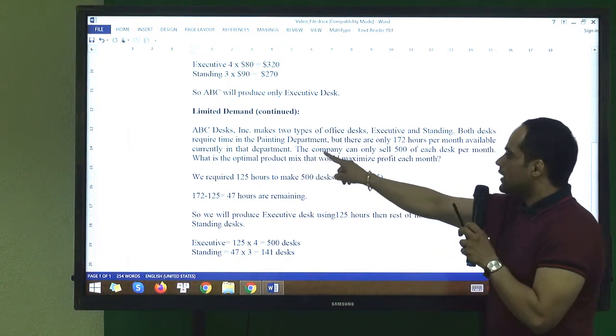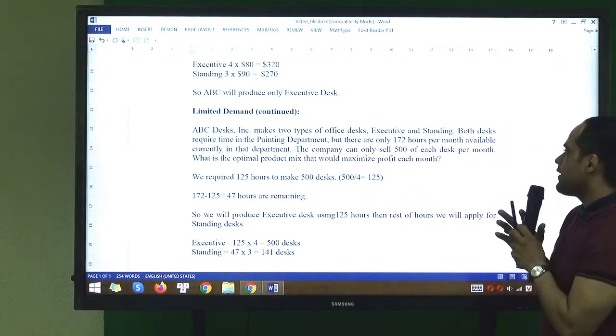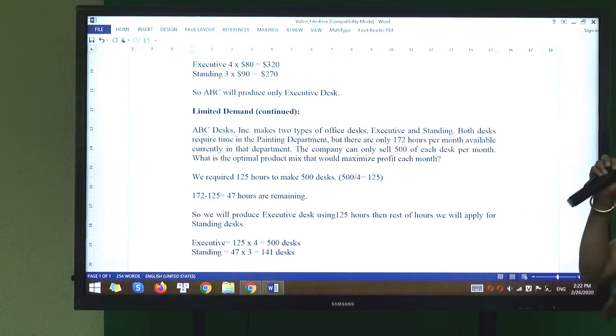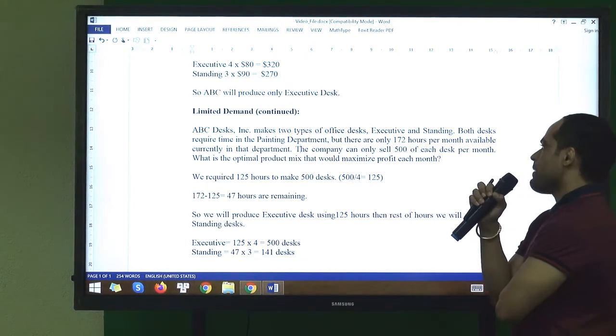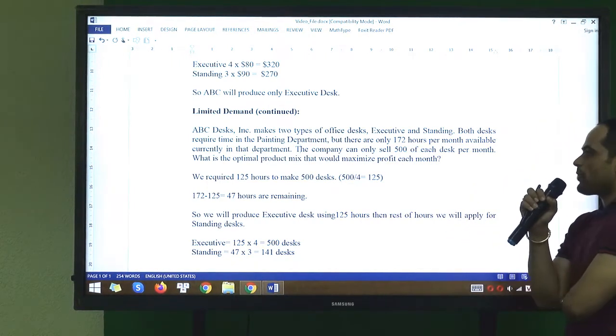The company can only sell 500 of each desk per month. So maximum 500. So here is limited demand. What is the optimal product mix that would maximize profit each month?